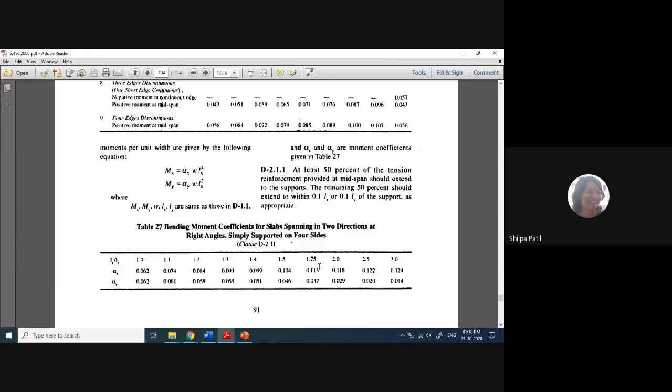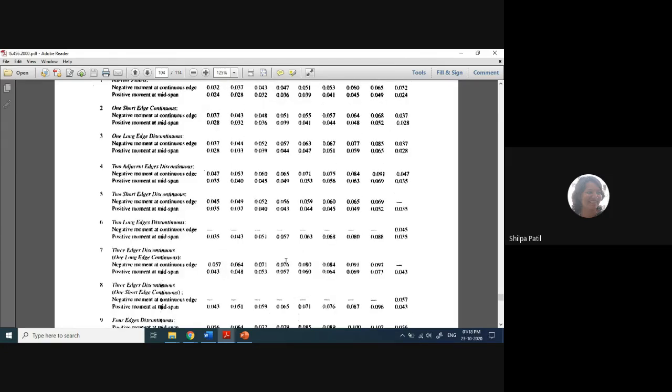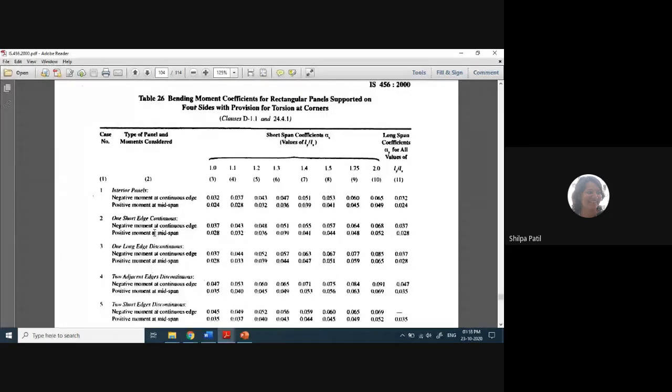For that this table is to be used, and for corners not free to lift, but considering the continuity of the edge, this is the table which you have to refer for finding the coefficients. Okay, so these are the clauses.